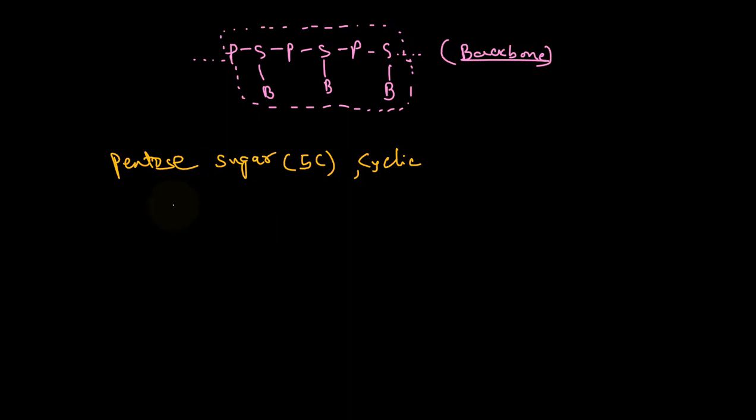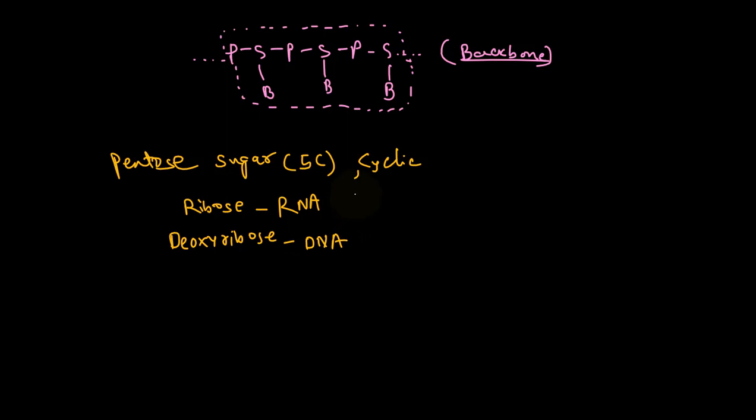In RNA there is ribose type of sugar, and in DNA there is deoxyribose sugar. Deoxyribose is present in the DNA. That is about the sugar molecules.